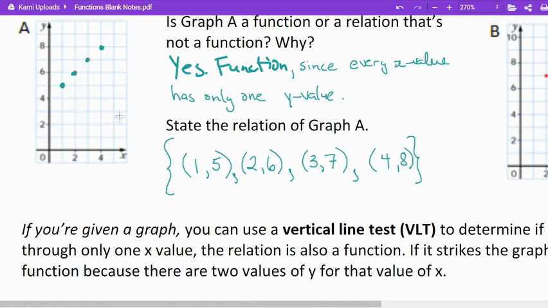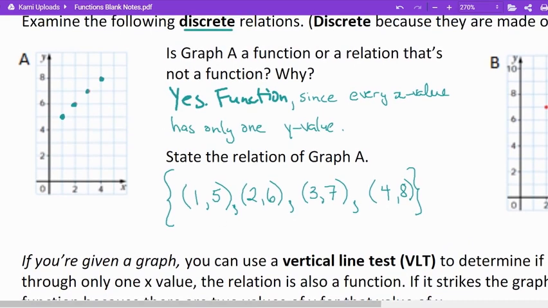Okay, so the opposite of a discrete function is called a continuous function. Let me show you a continuous function. So this is a continuous function. And what this means, especially when we have arrows, is that at every single value of x, there is a value of y.